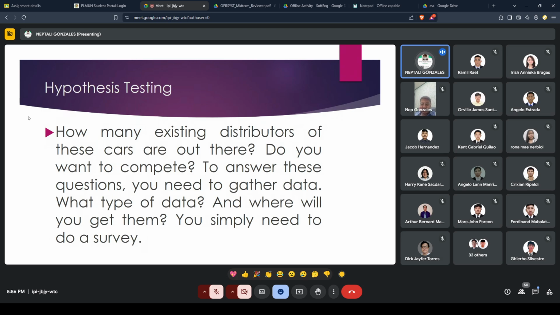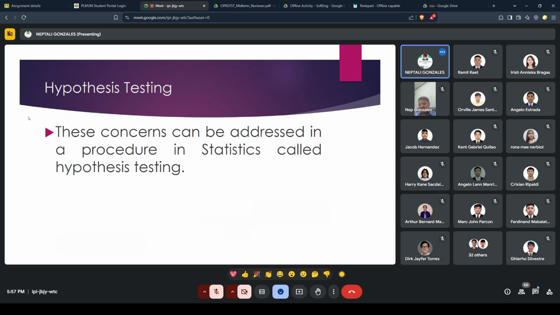Are you going to conduct a survey, an interview, gather quantitative data, or qualitative data? So those are the questions that should be answered before you make a conclusion if you are really going to push through in selling cars.